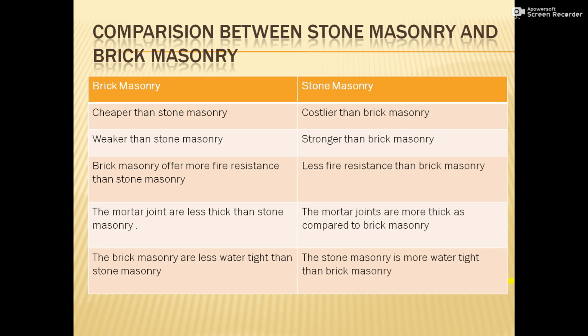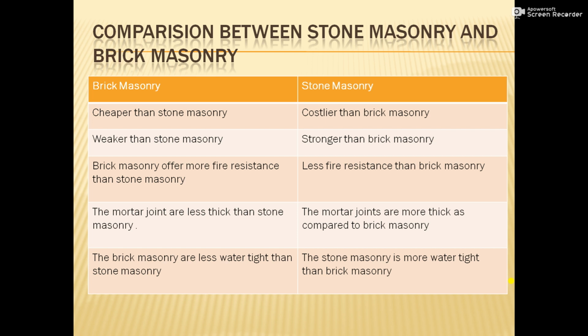So for that purpose we don't need any type of dressing work for brick masonry. As well, when we are making the brick masonry work, we will not require that many skilled laborers as compared to stone masonry. So brick masonry is cheaper than stone masonry.